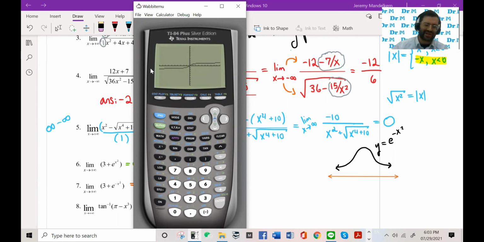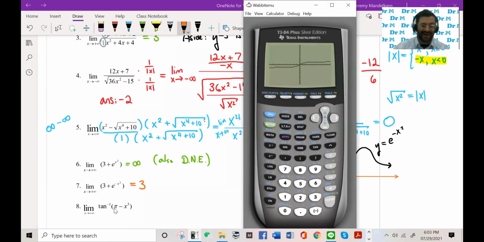The question is, what happens if you replace the argument by pi minus x cubed and you let x go to positive infinity? I like to think of it a different way. As x goes to positive infinity, you can see that the argument is going to minus infinity due to this minus x cubed. The pi is really immaterial here. So it's like we're asking the question, what happens if you let the argument of tan inverse of x go to minus infinity?